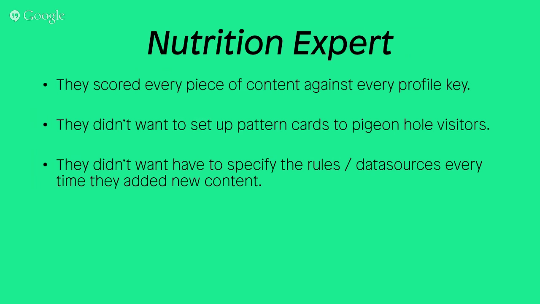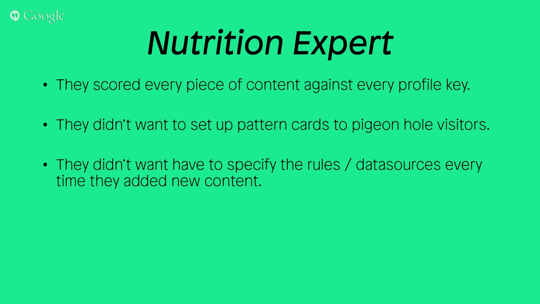Why do we now need to go in and assign rules and data sources and all that kind of stuff? Surely there's something that we can do to just automate that process. We want to personalize content for people, but we don't want to say, okay, I've added 3 new articles this week, so I have to go through all my data sources and change all the data sources that will relate for the personalization because I've added a bunch of new articles.